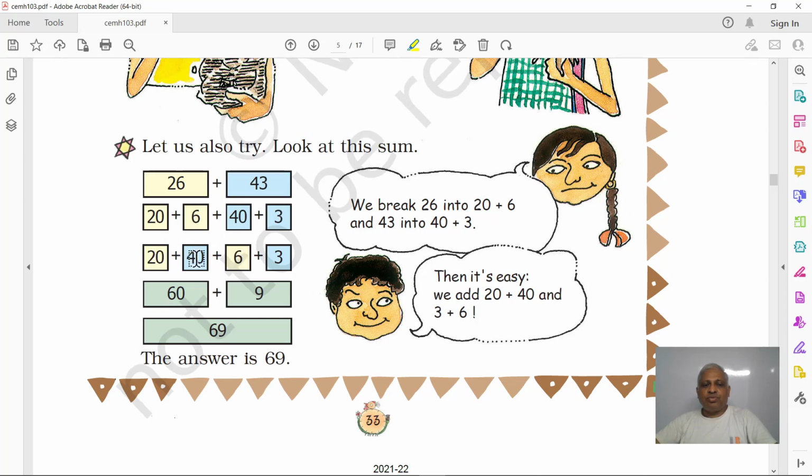So 20 plus 40, these are tens, and these are single ones. 20 plus 40 is 60. 6 plus 3 is 9. 60 plus 9 is 69. Simple, right? You use this trick when adding numbers. You can apply this to 3-digit numbers as well, and beyond.